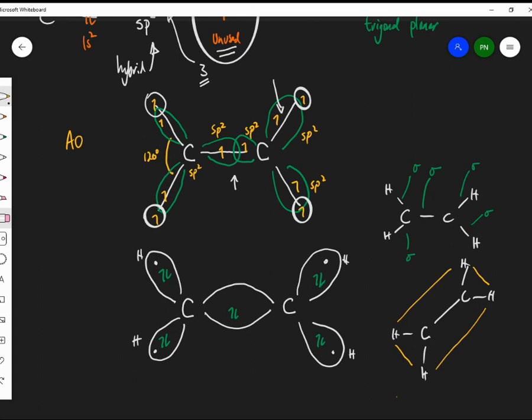Would anyone like to tell me where is this unused p orbital? Where is it? Anyone? No one? That's right, out of the plane. It's above the plane and below the plane.